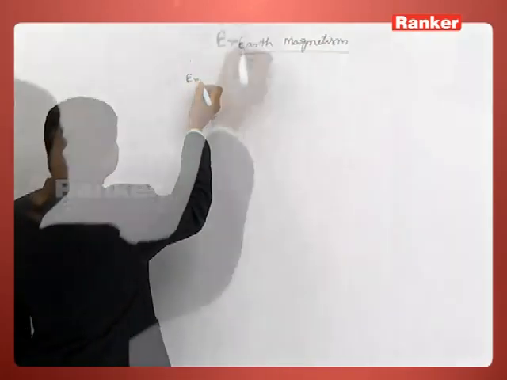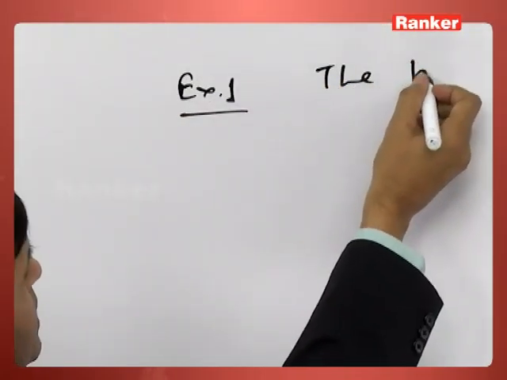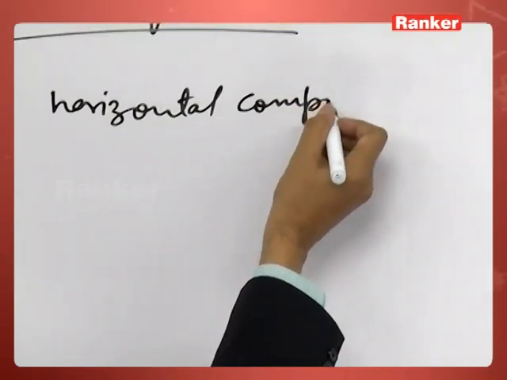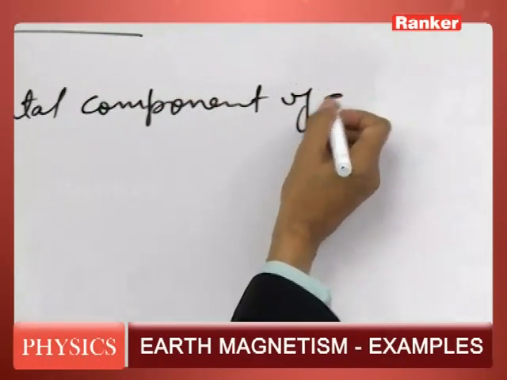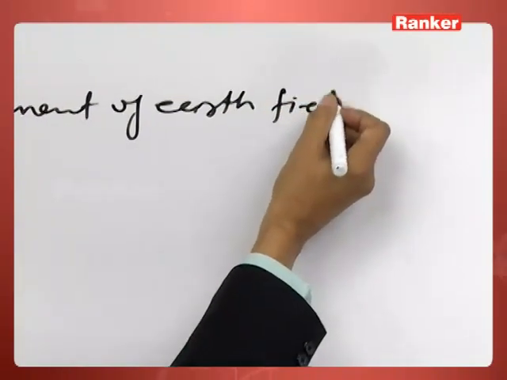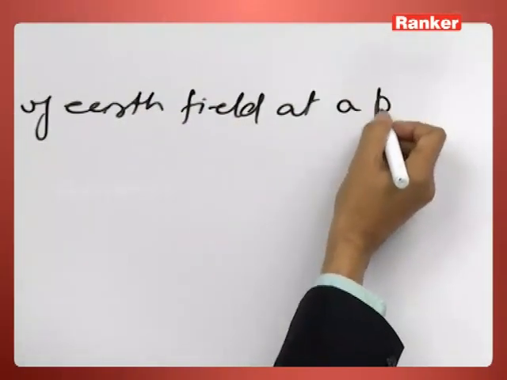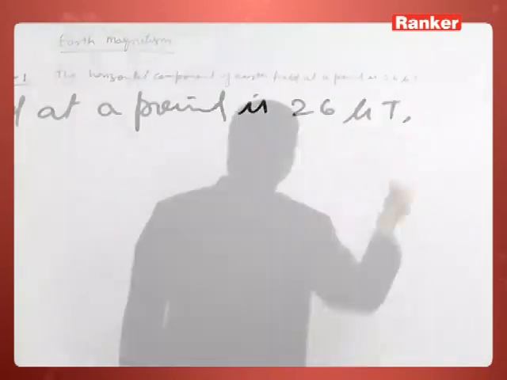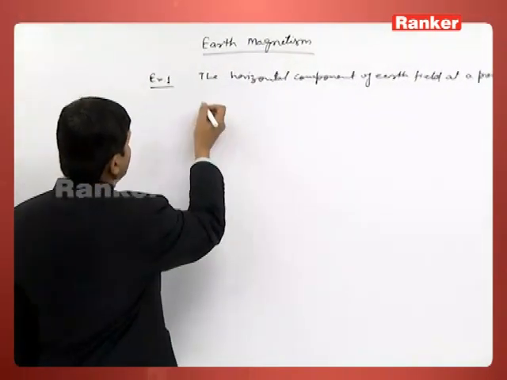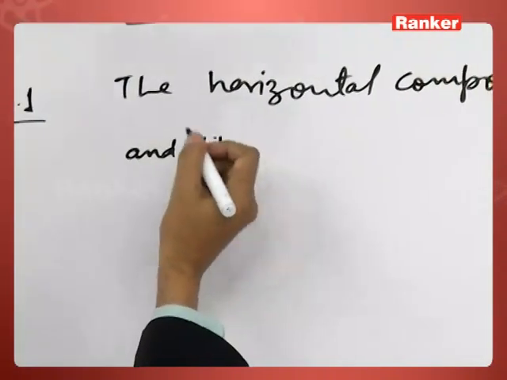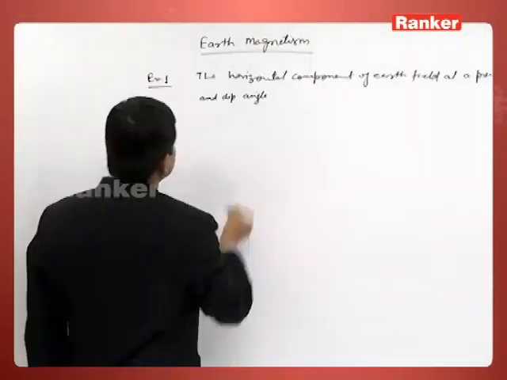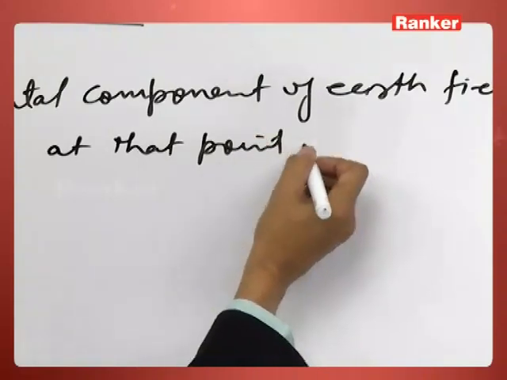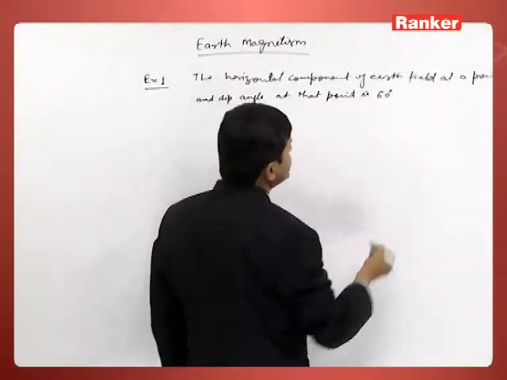Now see one example. The horizontal component of earth field at a point is 26 microtesla and dip angle at that point is 60 degree.